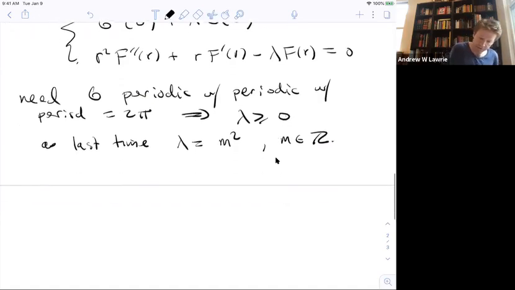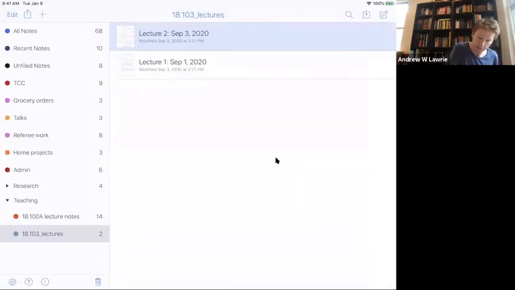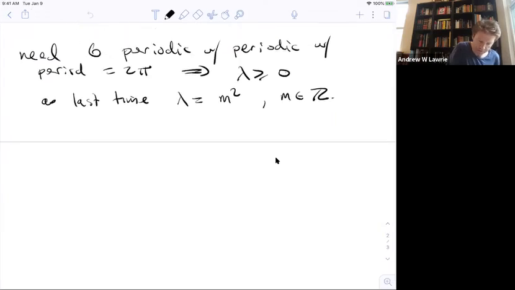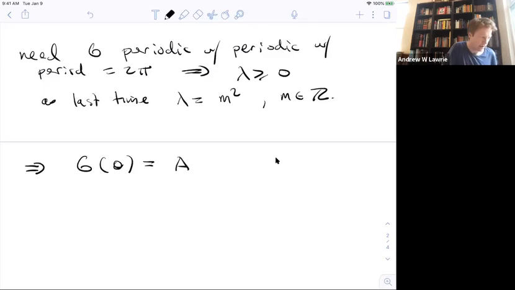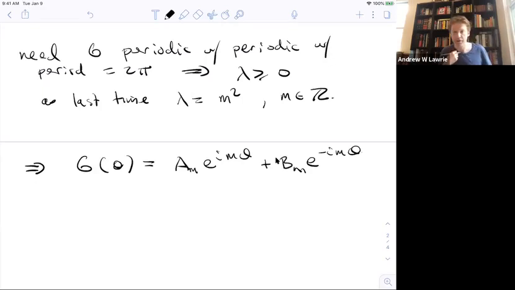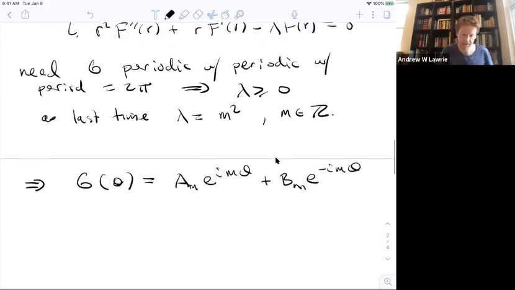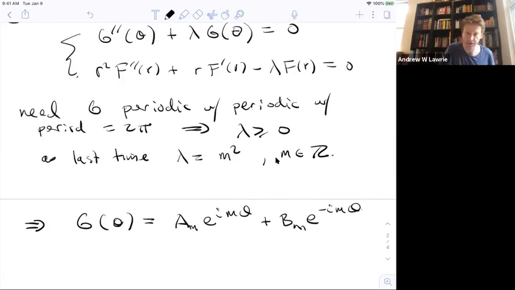And so again, we can argue as before that g of theta has to be equal to some coefficient a_m times e to the i m theta plus b_m times e to the minus i m theta. So all solutions g to this first equation at the top of the page are expressed as follows.